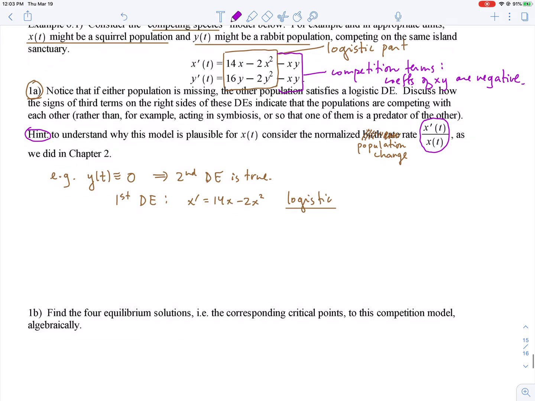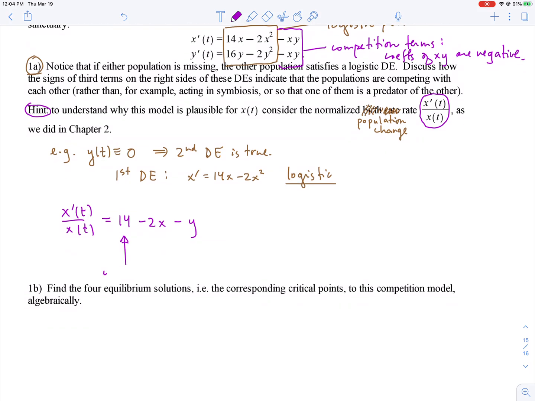All right, so let's look at x prime of t over x of t. So that's 14 minus 2x minus y. So this is the normalized population change rate. So remember, the easiest model from calculus times is very effective when x and y are small.